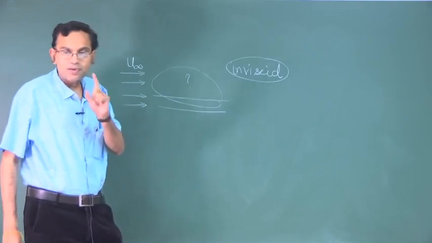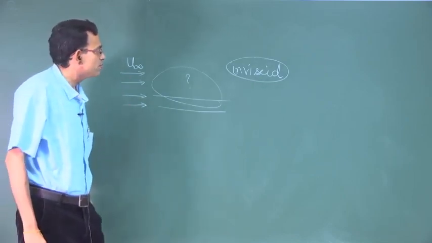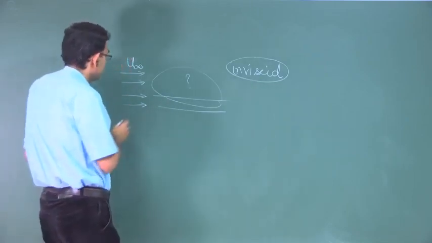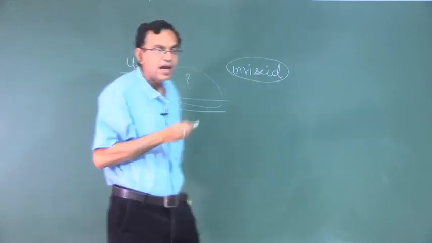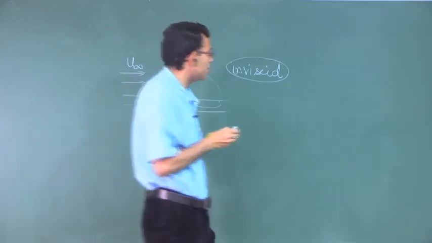So, what a viscous factor tries to do is that this inviscid flow does not have a velocity gradient, and therefore it is also irrotational flow.